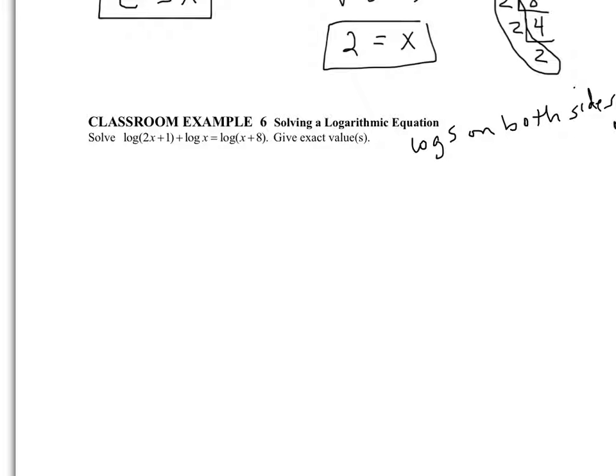I see logs everywhere. When that's the case, you want to get a single log on each side. Notice on our left side, we have more than one log. So get a single log on each side, and then you can drop the logs.